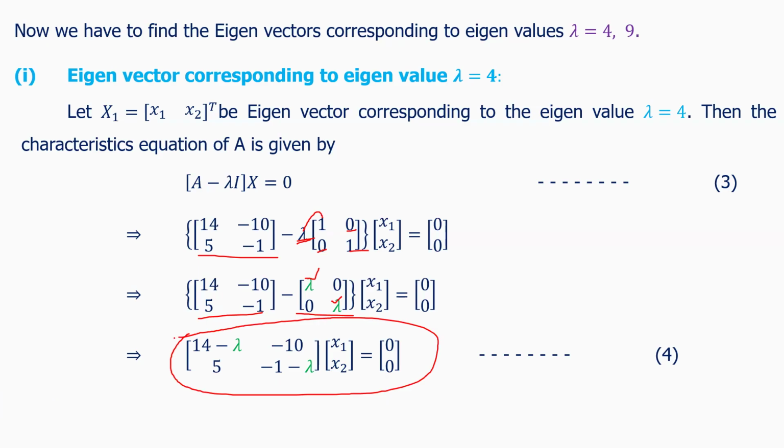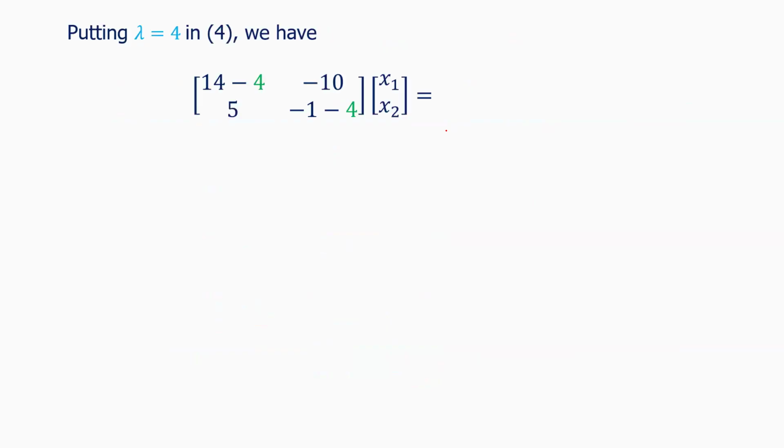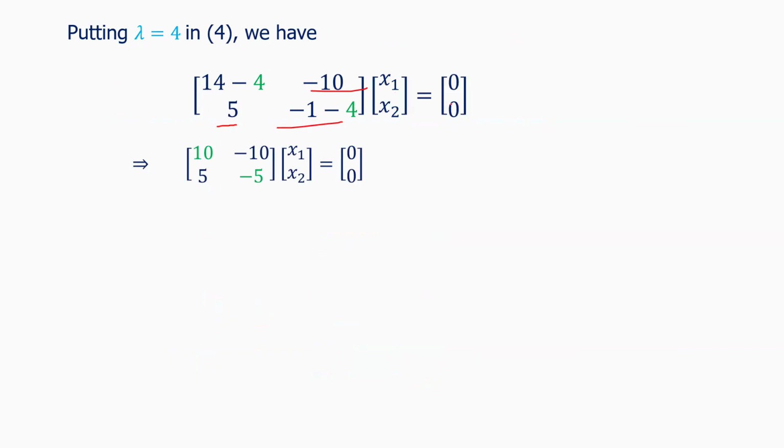Now here, if we put lambda equal to 4, we are able to get the eigenvector corresponding to the eigenvalue lambda equal to 4. Putting lambda equal to 4, we have [14 minus 4, -10; 5, -1 minus 4] times (x1, x2), which is equal to (0, 0). 14 minus 4 is 10, so [10, -10; 5, -5] times (x1, x2) equals (0, 0).